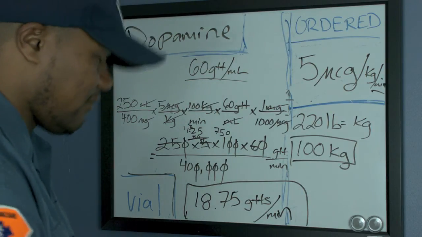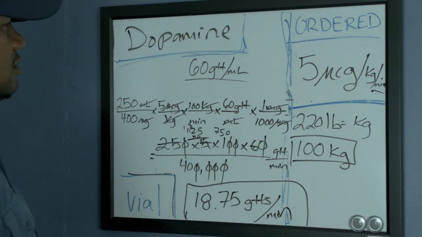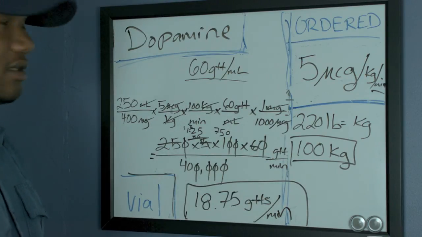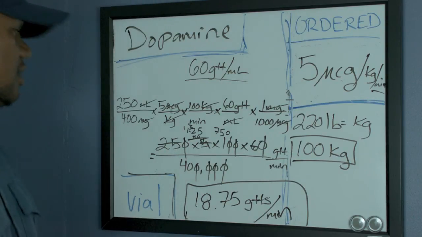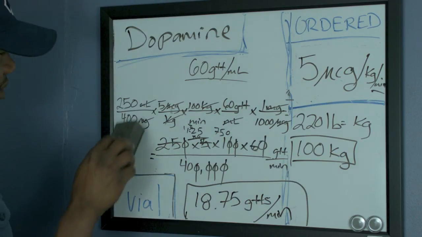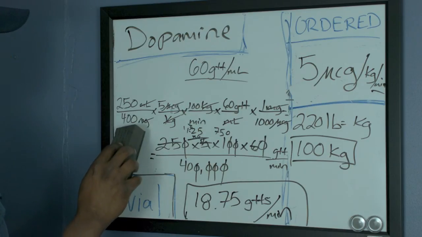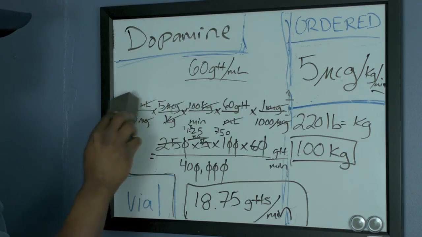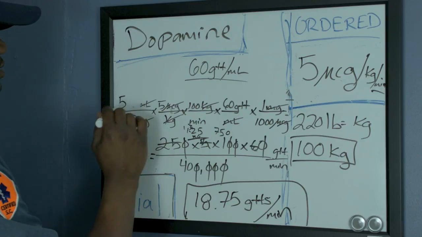Now, once you get a little fancy, you realize that all of these numbers have relationships. So this is a 1600 concentration. If I wanted to make it less concentrated, I could take, instead of putting this 400 milligrams inside of a 250 bag, I could take the 400 milligrams and put it in a 500 cc bag.